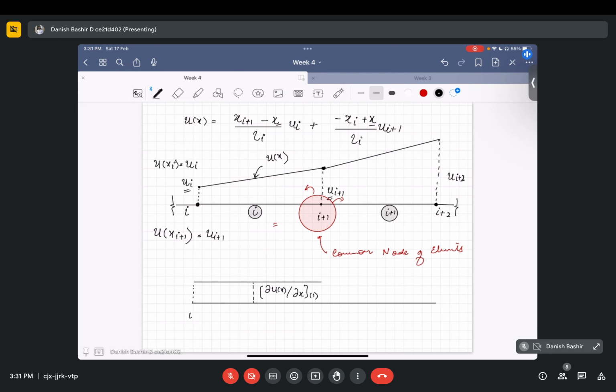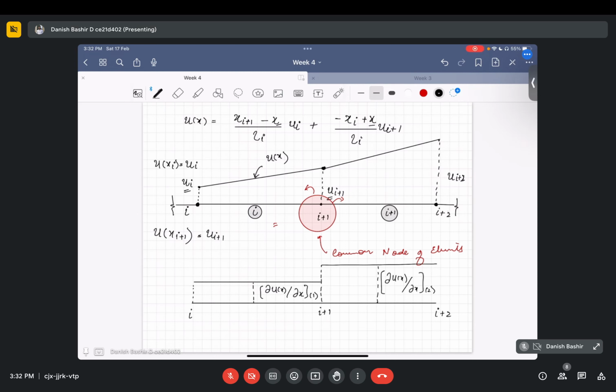So it's node I again. It's node here I plus 1, and then similarly in the second element, it will be something a little bit higher like this. So this value will be dou u of x divided by dou x within element 2.